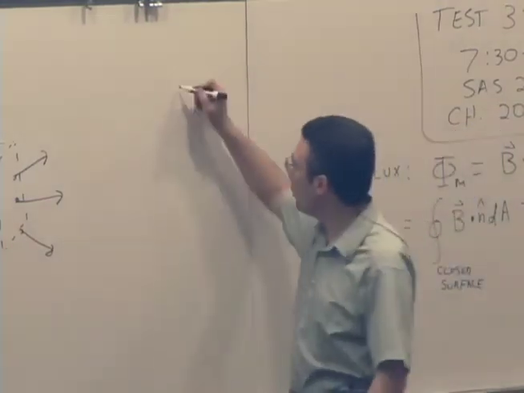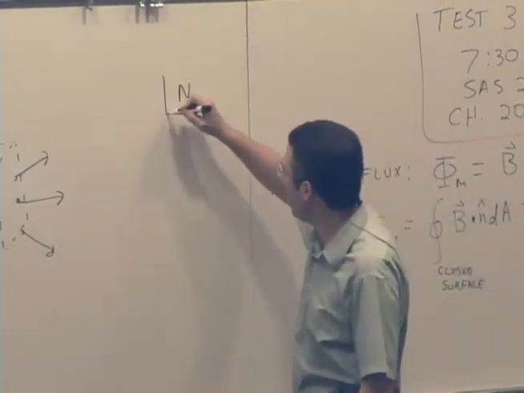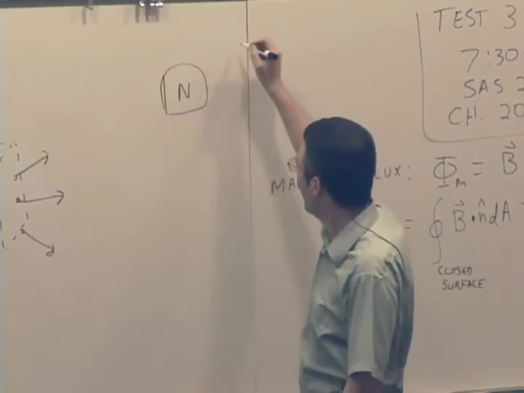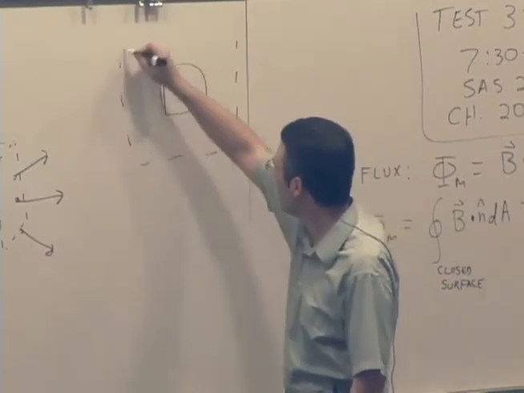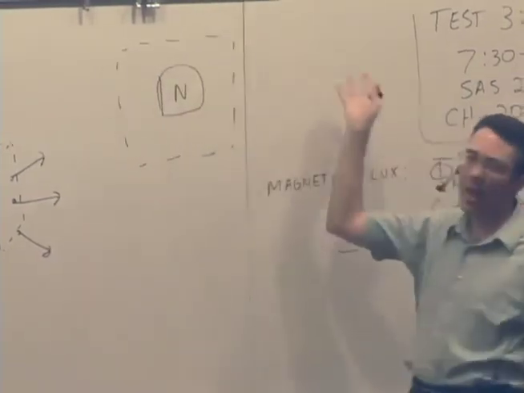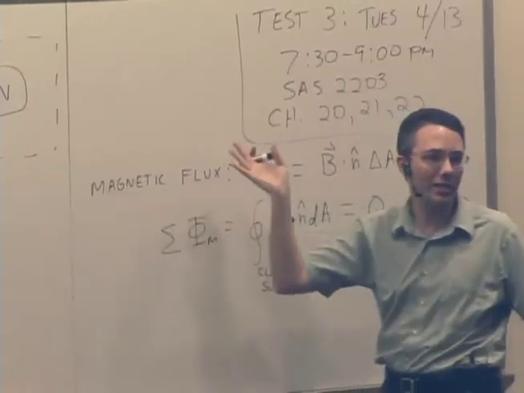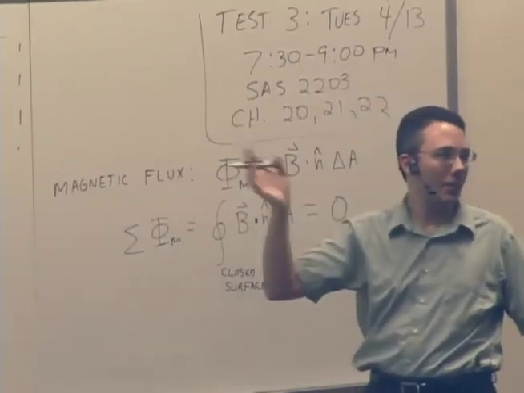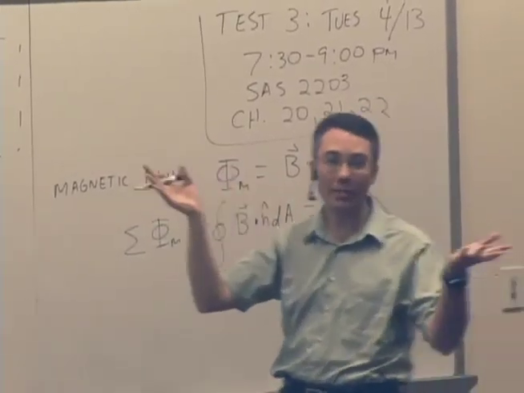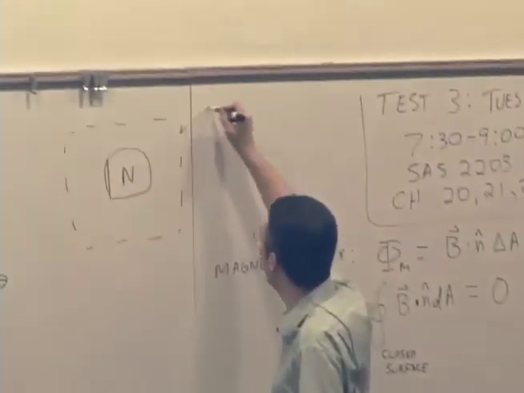A monopole. So if I have an isolated north pole and I put that in a box, what would the pattern of magnetic field look like if this could exist? It would look like a positive charge, right? It would look like an analog to a positive charge.